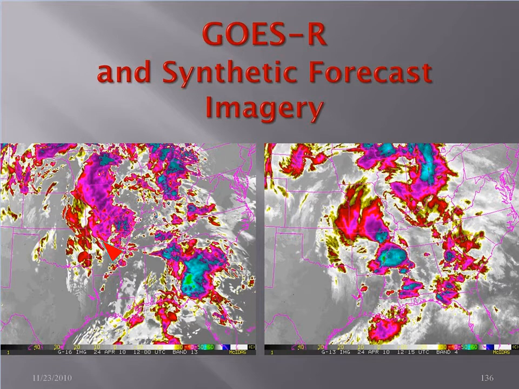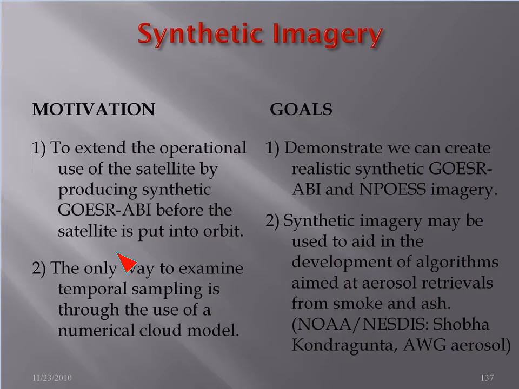The idea here was to be able to actually model cloud fields and give you an idea what it would look like on the satellite platform through using model forecasts themselves. This is quite unique and looks very different from what we see now. Here are some of the motivations and goals, but down here one of the main goals was to aid in the development of algorithms aimed at aerosol retrievals, which included smoke and ash, and of course ash from volcanic eruptions.